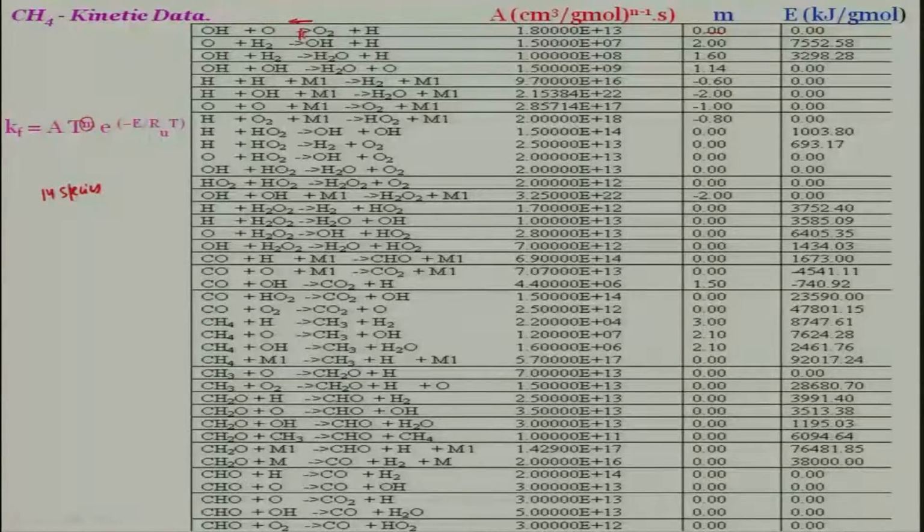This is Kf and this is Kb. You can calculate it the way we did, and then use that. And this gives fairly good predictions of burning velocities and ignition delay and other things. And this is simple enough that it can be computed even on your personal computers.